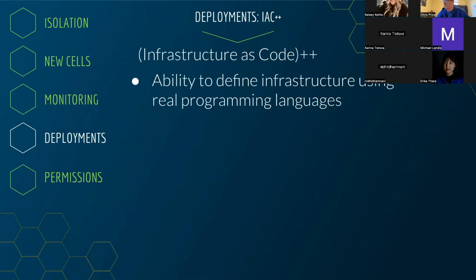So the key breakthrough that I've seen in the industry in the last five years on this is the ability to define infrastructure using real programming languages. Prior to this, all of the infrastructure as code solutions used either some configuration format like JSON or YAML, or some bespoke declarative configuration language like HashiCorp's configuration language to define the infrastructure.